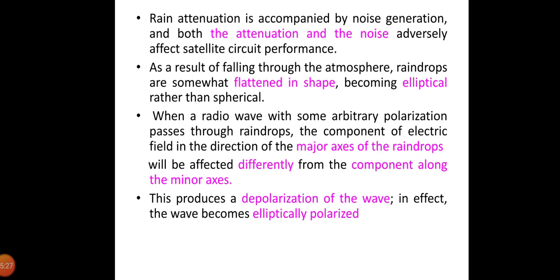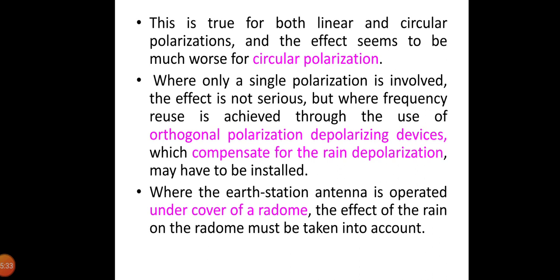This produces depolarization of the wave, and in effect, the wave becomes elliptically polarized. This is true for both linear and circular polarizations, and the effect seems to be much worse for circular polarization. Where only a single polarization is involved, the effect is not serious, but where frequency reuse is achieved through the use of orthogonal polarization, depolarizing devices which compensate for the rain depolarization may have to be installed.